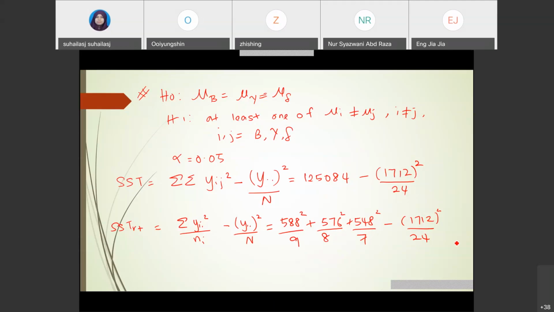Okay, so sum of squares total. Check, you should get 2961.33, taking two decimal points. Sum of squares treatment: you can try to compute it. What do you get?